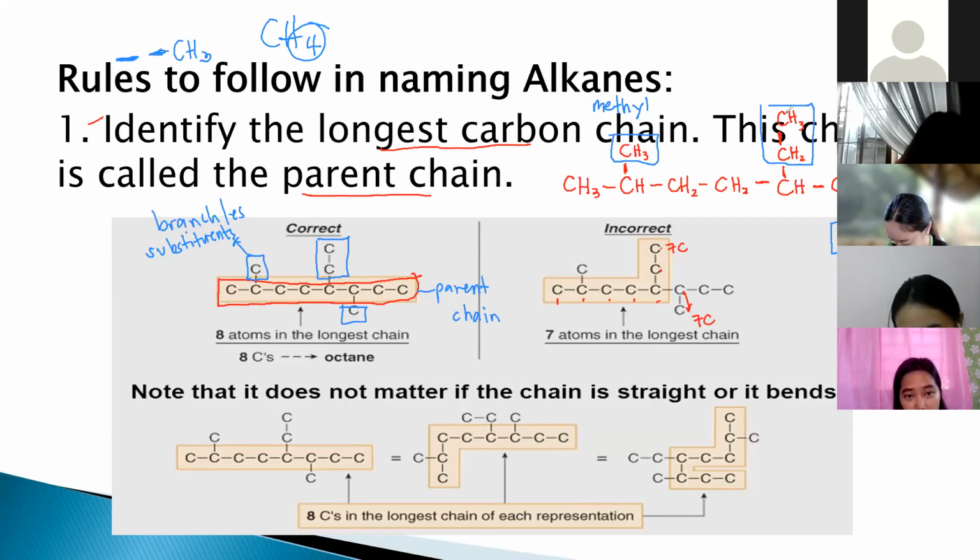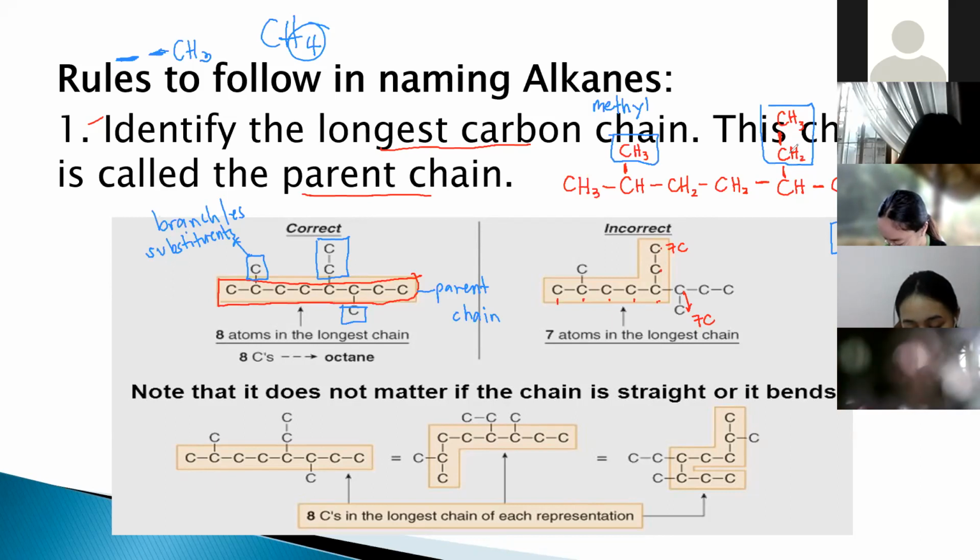Now this one, this is counted as one substituent ha. Hindi natin siya ipaghihiwalay. Counted yan sila as one kasi both, isang bonding lang sila kay carbon na nasa parent chain. So what is our prefix now for 2 carbons? Eth. Okay, Eth.